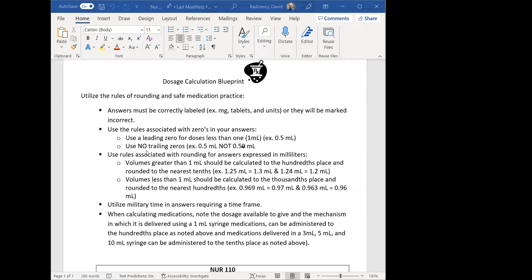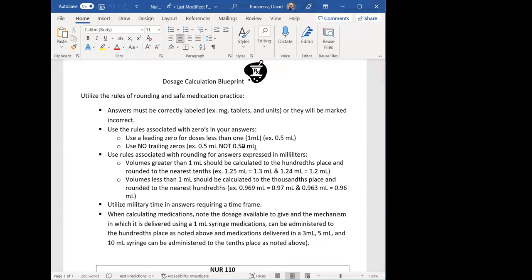And then you do not want to use trailing zeros. As we said in the previous example, 0.5 is correct, but you wouldn't want to write 0.50. The reason for this, and it may make sense to most of you, is that what you're trying to eliminate is the possibility of thinking that the answer is 50.